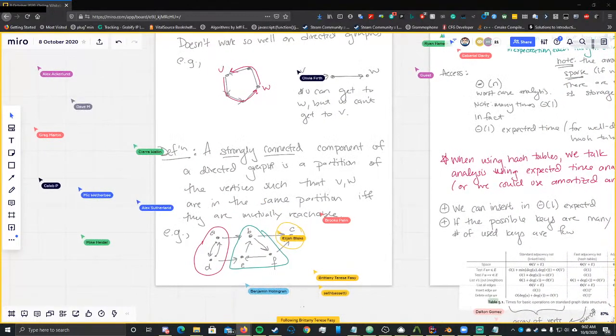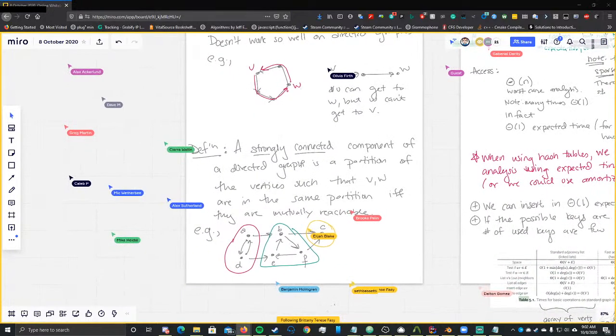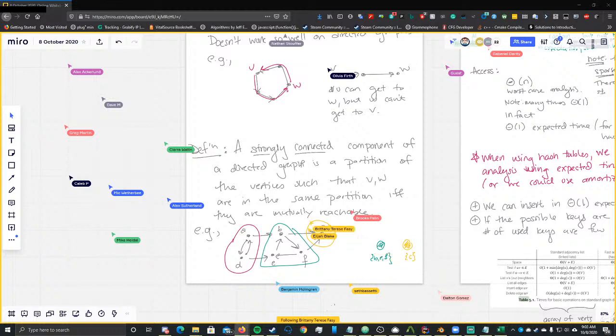Okay, and we can take these things that we just created there. So we have this one corresponding to C is green. This node corresponding to B, E, F, and another one corresponding to A, D. And I can create another graph here where my nodes are just my strongly connected components.